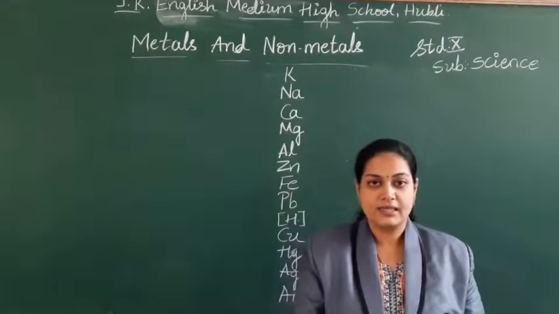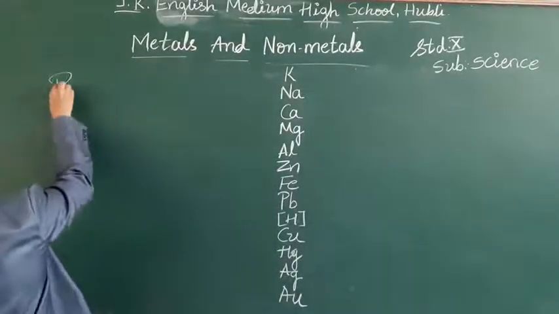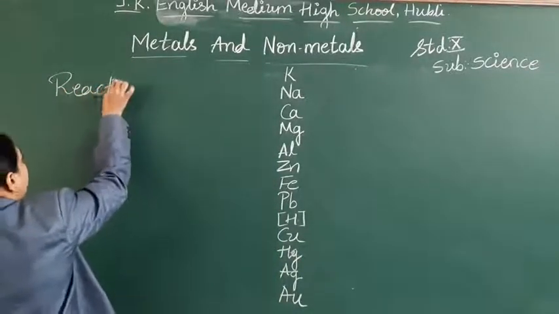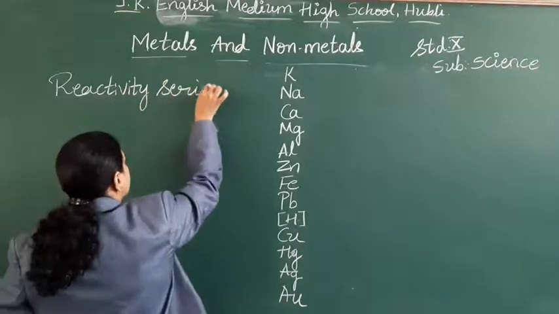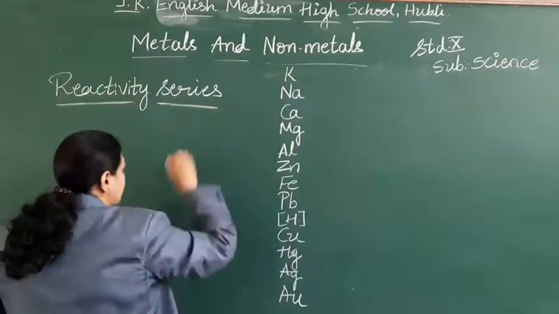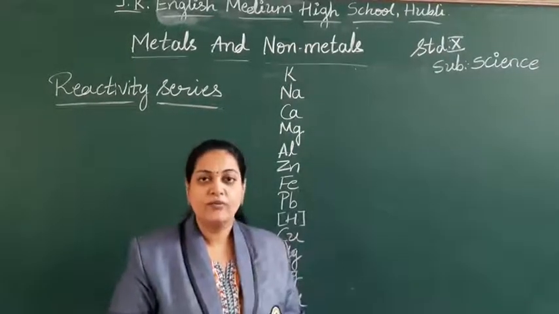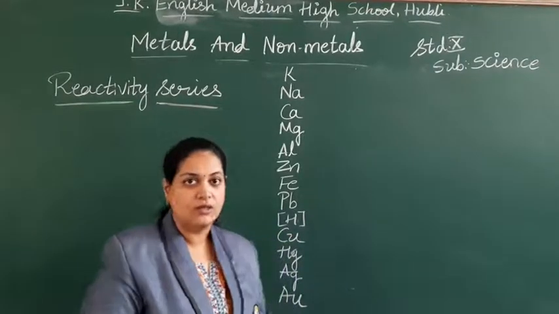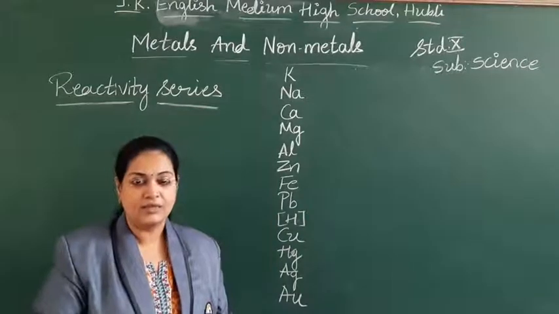So let us discuss the reactivity series. With all these experiments, whatever we have discussed right now, we have come to one conclusion that there is one reactivity series of the metals, right?